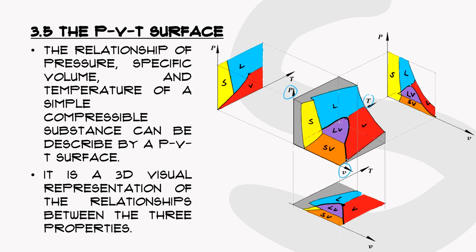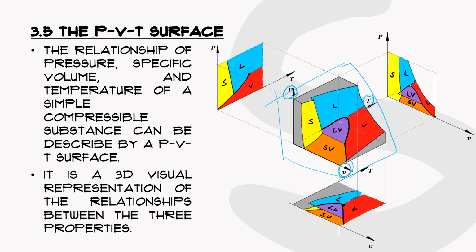Depending upon the type of substance, for example water, which is a substance that expands upon freezing, meaning the volume expands when it freezes, it's plotted here as a 3D surface. But we can see the region where it's solid, or liquid, or vapor, or maybe a mixture. So it's all here in this PVT surface.